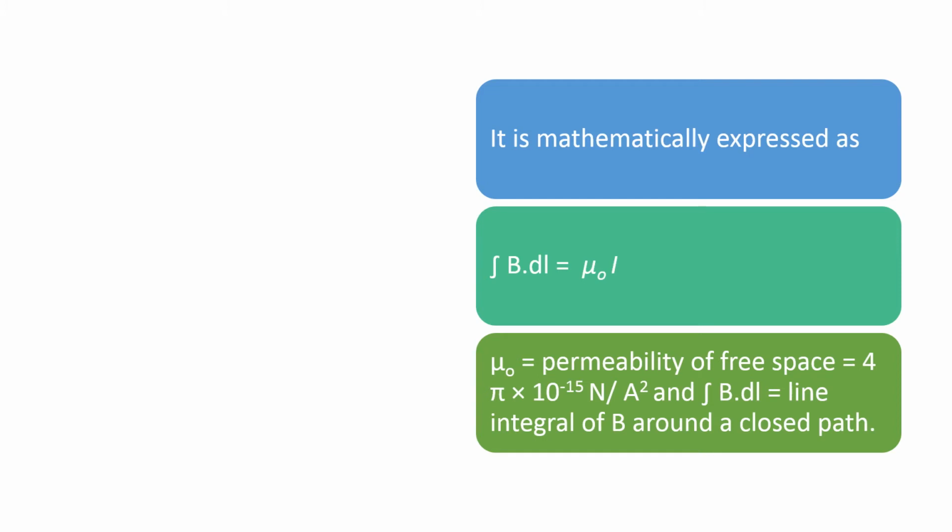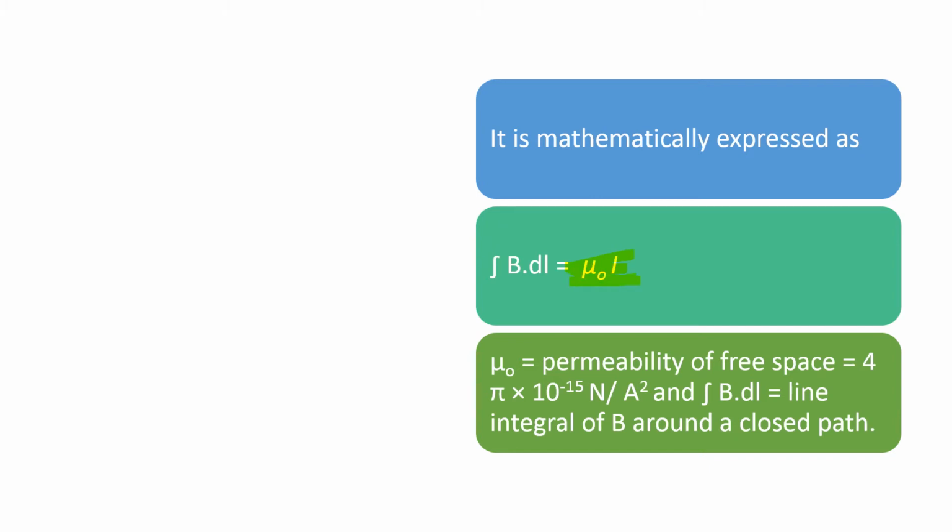Mathematically, this can be expressed as B dot dl is equal to mu 0 I. Here I is the current that we have discussed, that a particle may have some current, so this is our current, and mu 0 is the permeability.